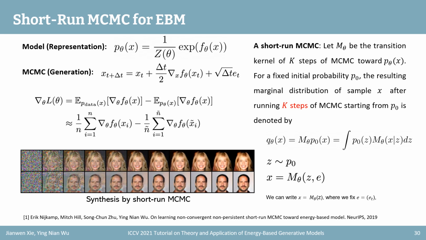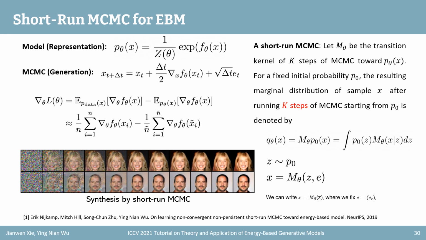We now consider the learning algorithm based on short-run MCMC. To use a short-run MCMC, we initialize the Langevin dynamics from a fixed initial probability, p0, and run a fixed number of k steps.